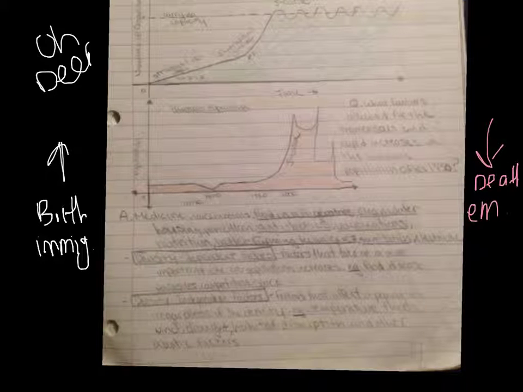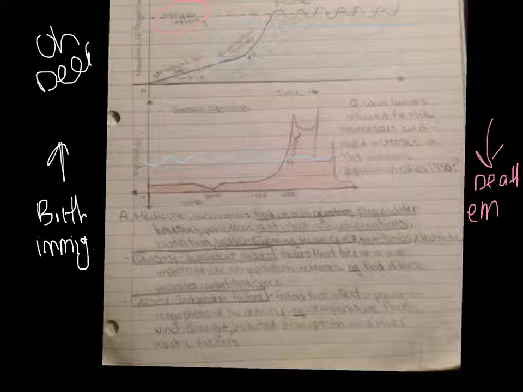It's also good to be able to analyze graphs, so we know that right here we have the exponential curve, and we also have carrying capacity up here, which, remember, has to deal with the amount that an area can hold, and humans are an exception to this because we jump past our carrying capacity and we're able to continue with only decreases due to issues with maybe things like the plague.